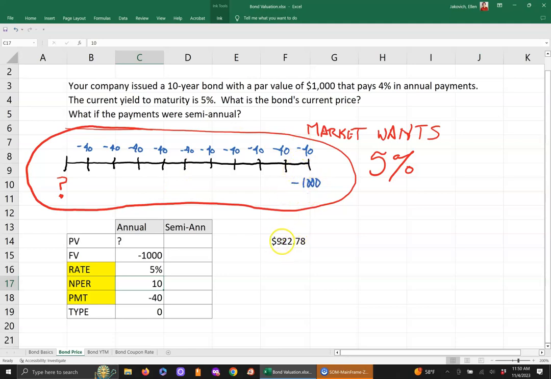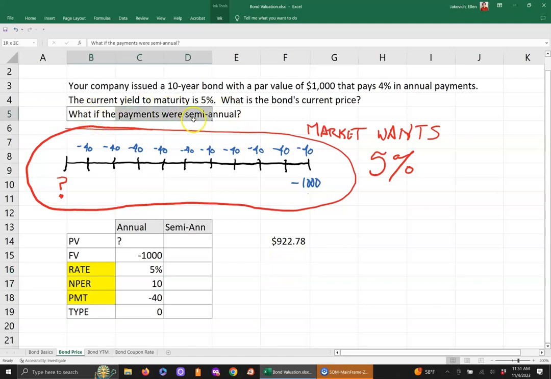You see how it popped up with 1,000 when I made this 4%? It was 1,000. So my mistake was actually educational. All right, so $922. As we said before, if the market wants more than we're offering, the price will drop.